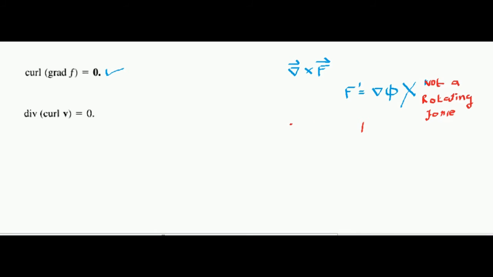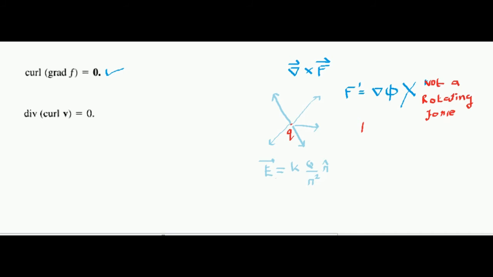The electric field produced by a point charge is a diverging field because the electric field acts along the radial direction. You can also see that electric field acts in the radial direction when you look at the formula of electric field. So what is the formula of electric field? You have some constant 1 by 4 pi epsilon 0 q by r square, and this electric field will depend on r cap.